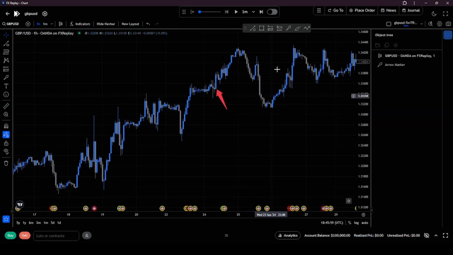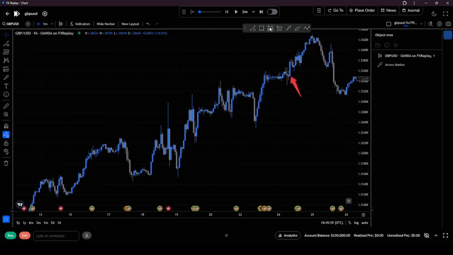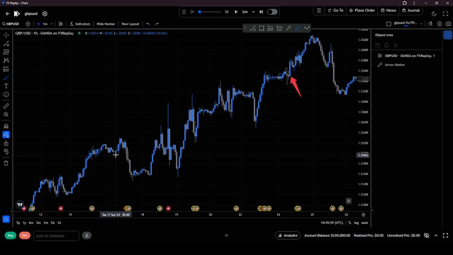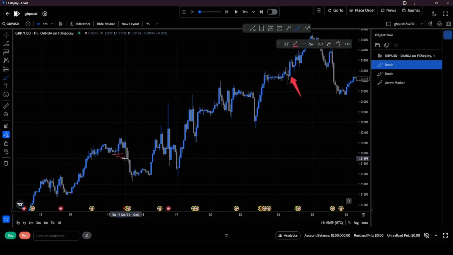So let's mark the structure here. We had a pullback here. Price broke this structure, but this was a fake break of structure until this pullback was swept, and then we had the main break of structure here.